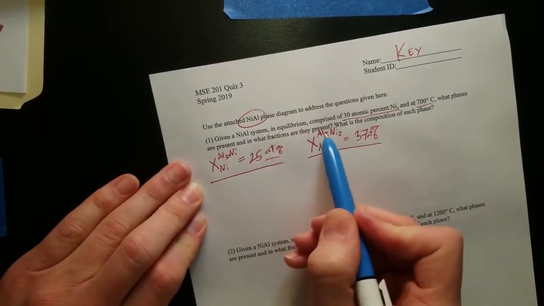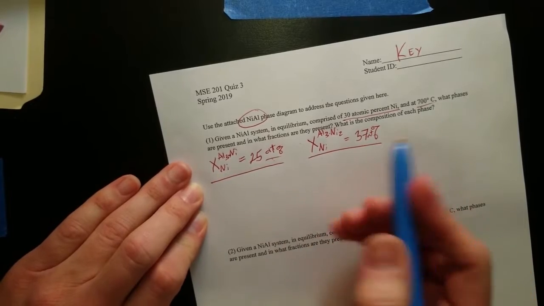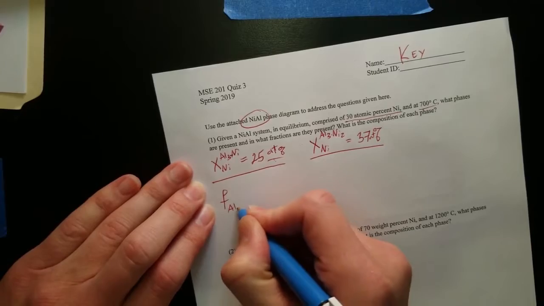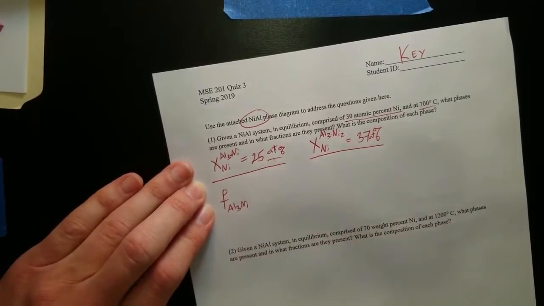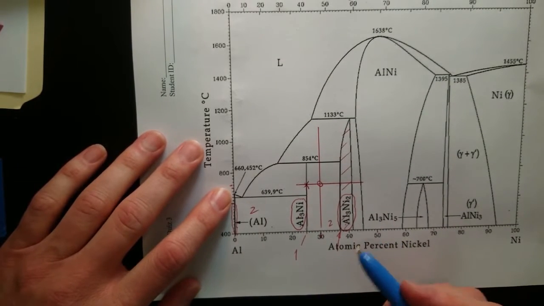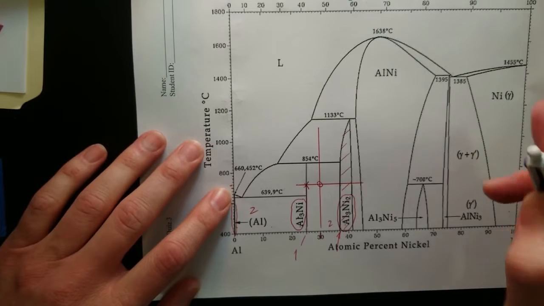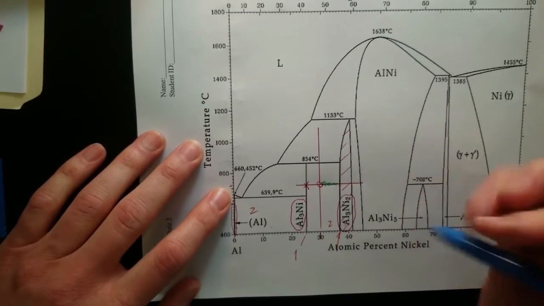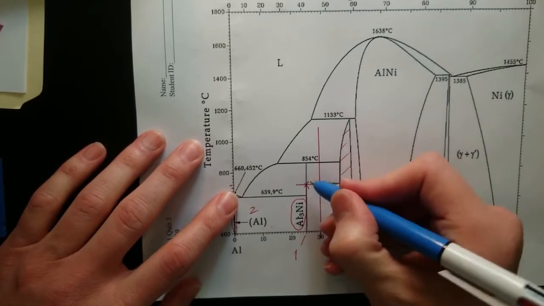Okay, so we've identified the two phases. We've identified the composition. Let's do the phase fraction. Let's take the fraction of Al3Ni. So Al3Ni is on this side. So with that whole inverse lever rule business, we are going to be reading that divided by the total length across.